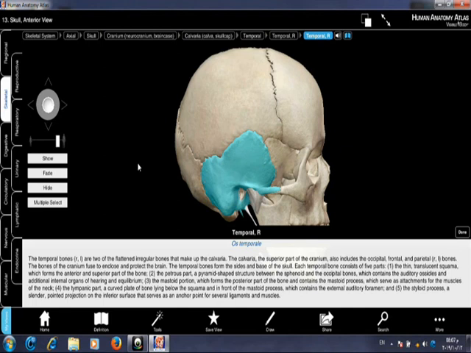Number four, the tympanic part, a curved plate of bone lying below the squama and in front of the mastoid process, which contains the external auditory foramen. And five, finally, the styloid process, a cylindrical pointed projection on the inferior surface that serves as an anchor point for several ligaments and muscles.